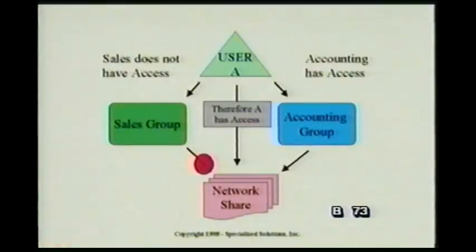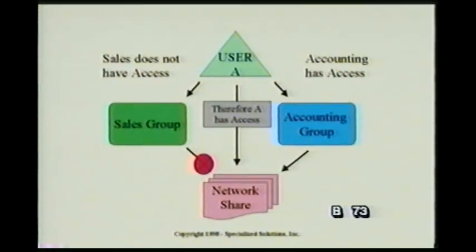Users and user accounts interact together and sometimes can override one another or work in conjunction with one another. For example, you have a particular user, let's call them user A, and they are a member of the sales group, and they are a member of the accounting group, and then you have a network share.